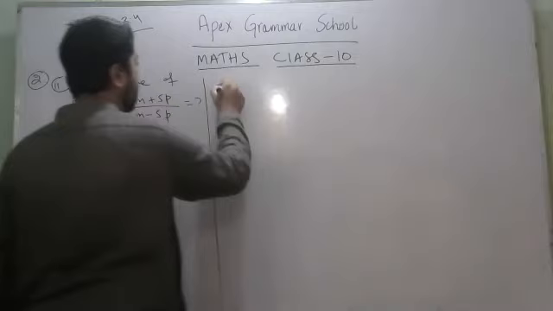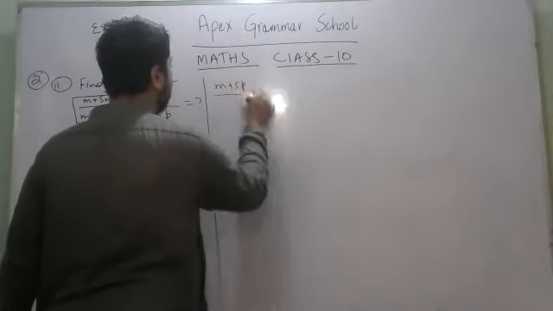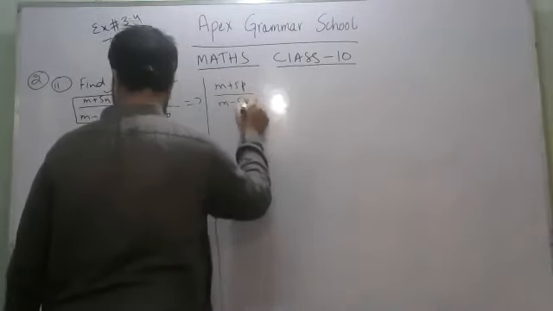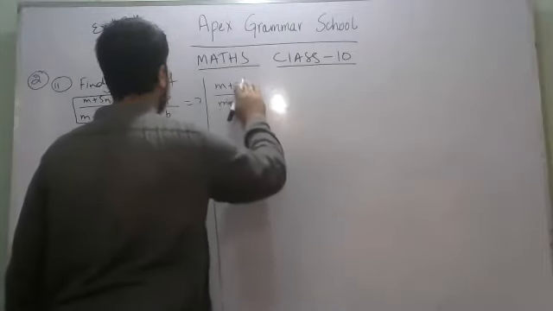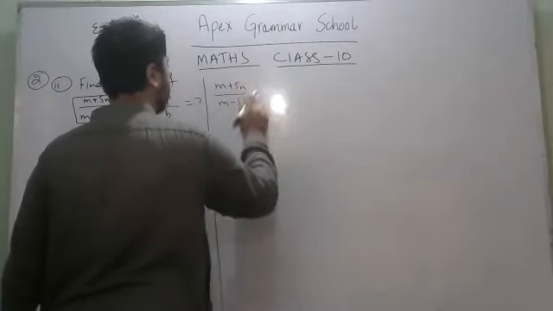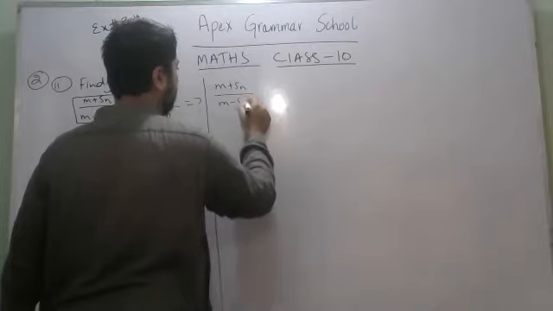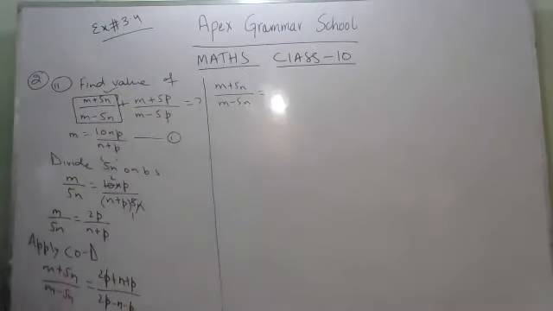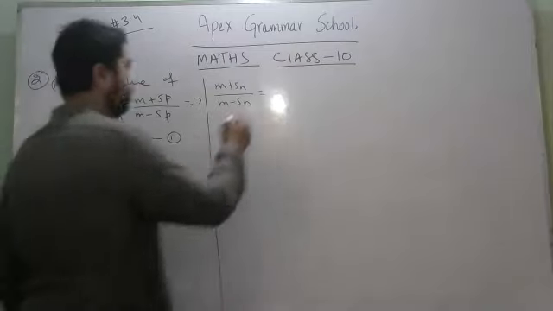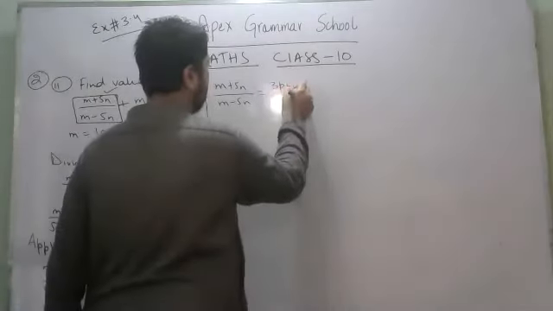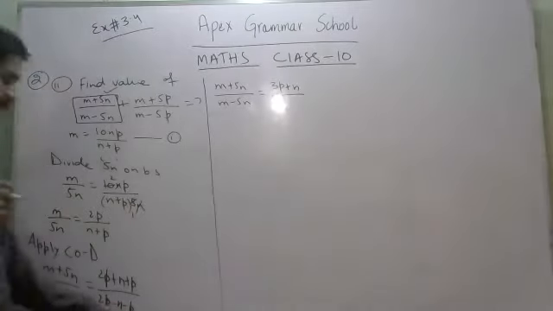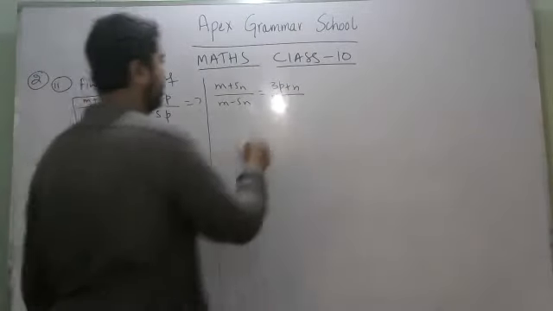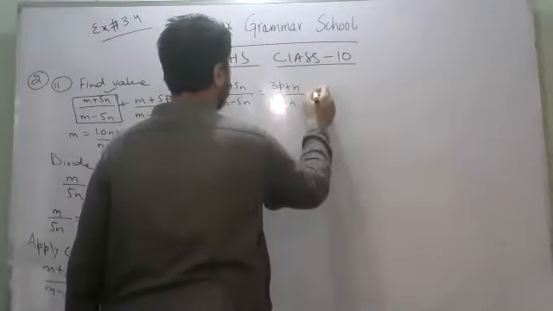So now m plus 5n is equal to 2p plus p, that is 3p plus n. And in the denominator, 2p minus p, that is p minus n.